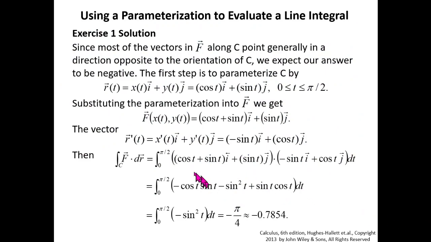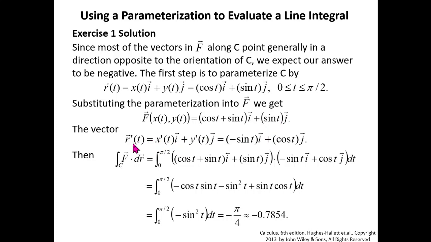And this is the solution as provided by the textbook. Again, the parameterization used was cosine t for x and sine t for y, going from 0 to pi over 2. When we do that, the force field, vector field, whatever the proper words are, becomes this vector.